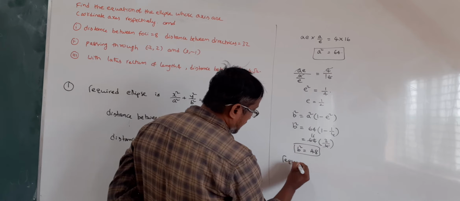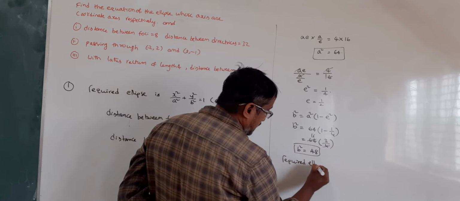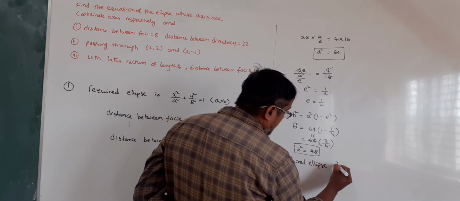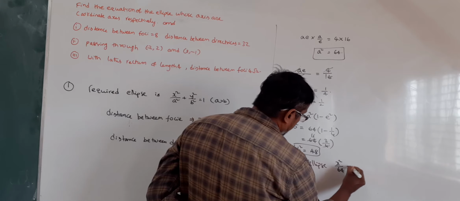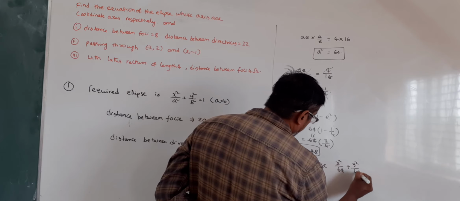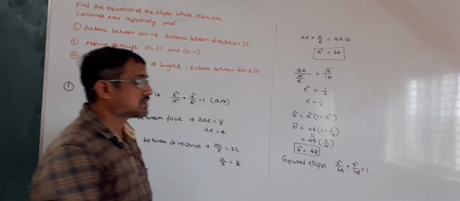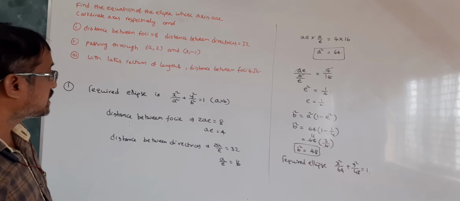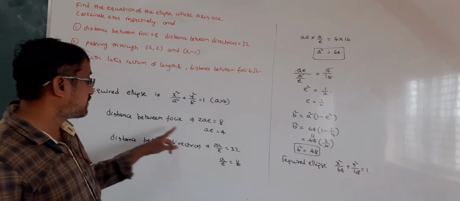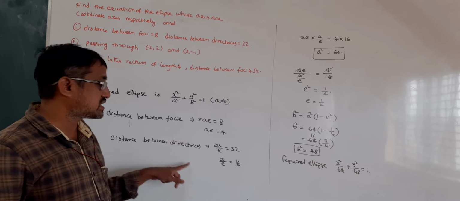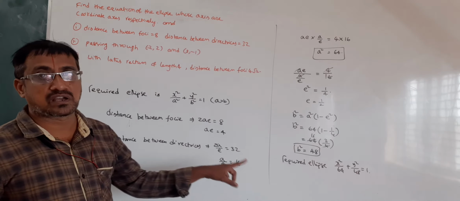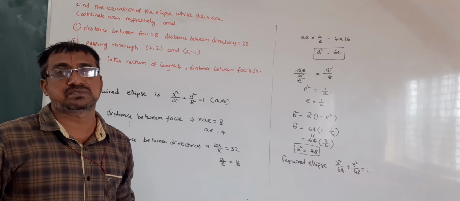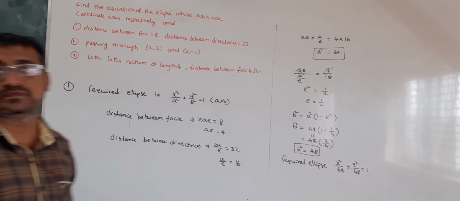So required ellipse can be x square by 64 plus y square by 48 is equal to 1. This is the required ellipse. By using the given data, distance between foci and distance between directrices, we have found the equation of ellipse in standard form.